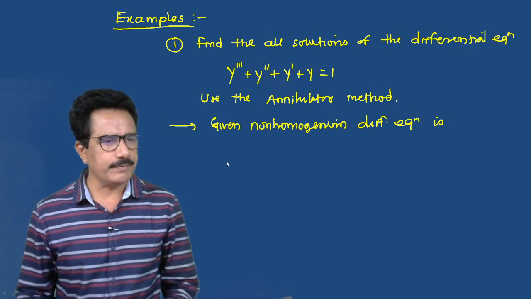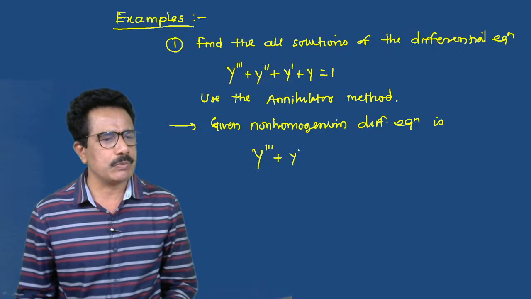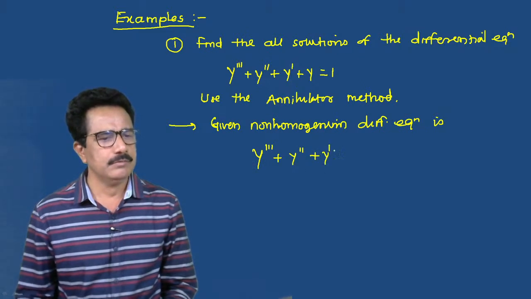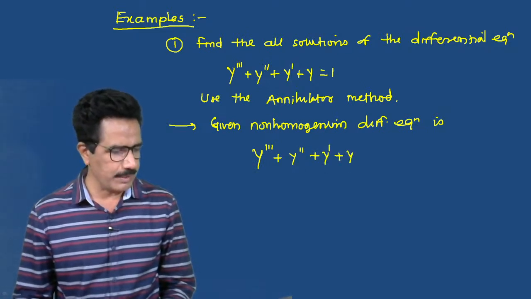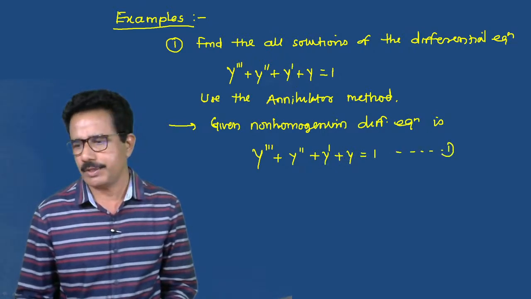Okay, the order of this differential equation: y triple dash plus y double dash plus y dash plus y is equal to 1. Suppose this is differential equation 1.